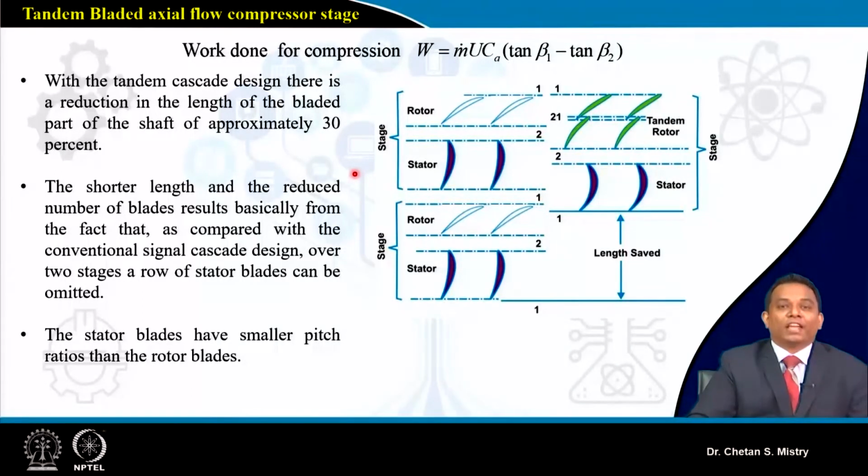When I am looking for compactness and low weight, reducing the length of the shaft by 30% means I am able to reduce my weight.